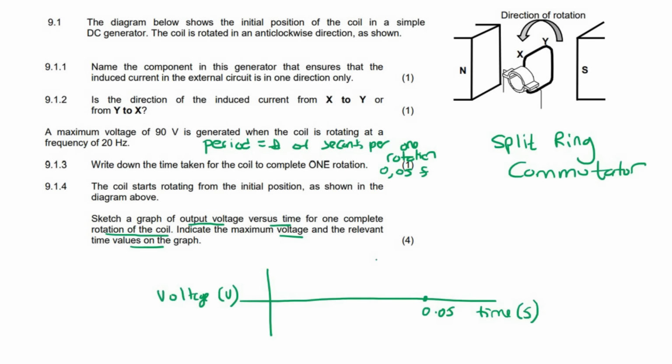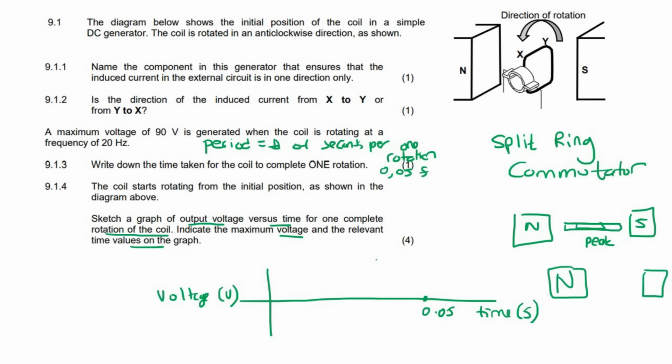So what we've learned is that if we draw magnets north and south, and you start over here, then that is a peak. That starts at a peak, and that's where the coil is parallel to the magnetic field. Now, if it starts perpendicular, then we call this a zero.